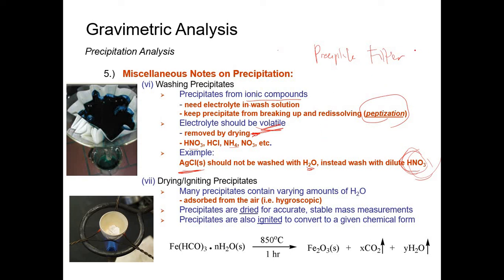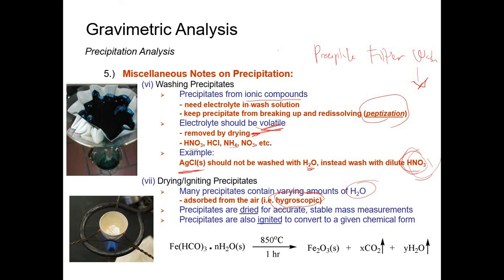After washing, you need to dry or to ignite. Sometimes you need to ignite. So you need to dry the precipitate. Many of those precipitates contain water, kanang gikan pagid sa mother liquor, and many of them contain adsorbed water. So they are called hygroscopic compounds, meaning they absorb water from air.